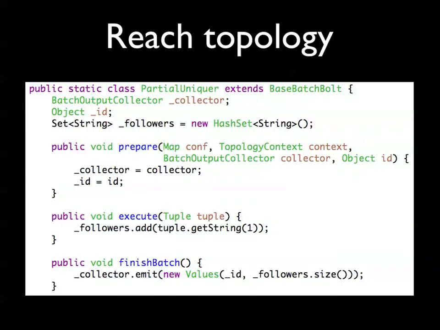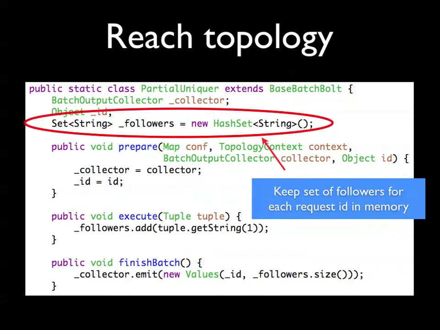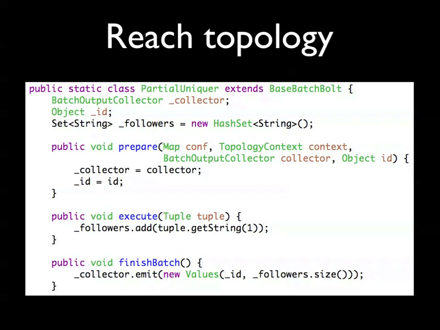Here's how partialUniquer works. PartialUniquer extends this batch bolt abstraction, which is provided by LinearDRPCTopologyBuilder. The idea is that a new instance of this bolt is created for every request. And you can see in the prepare method, it's parameterized with the ID for the request.